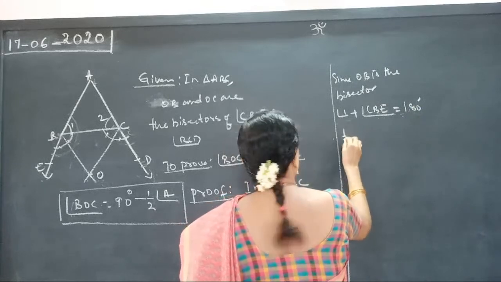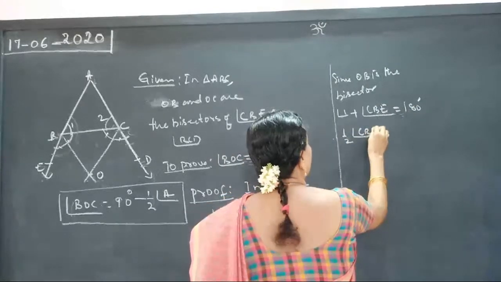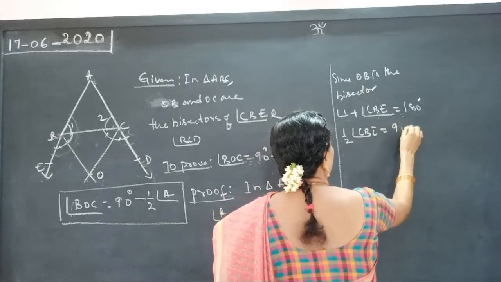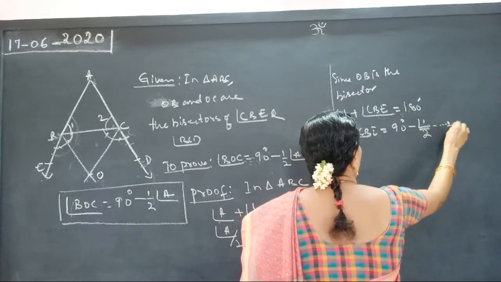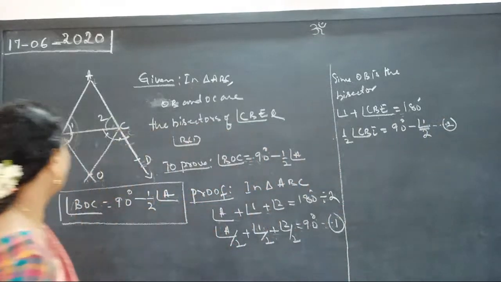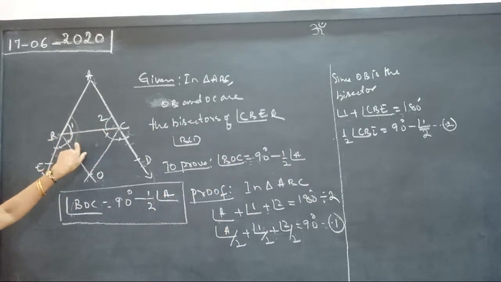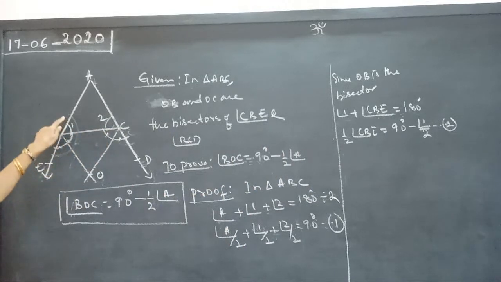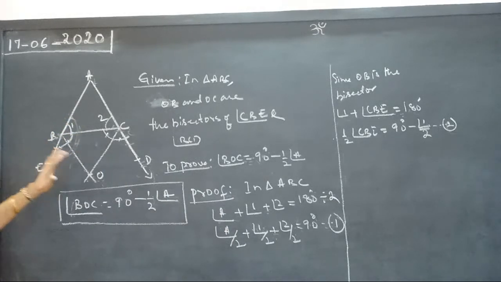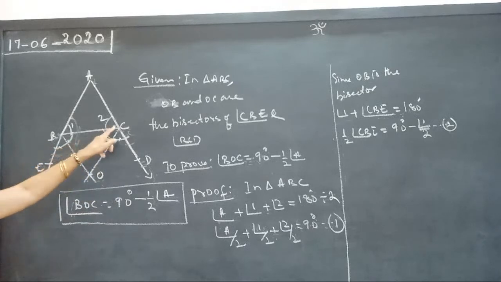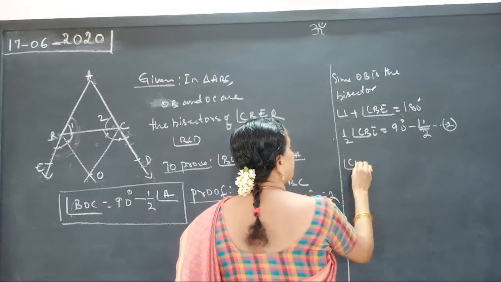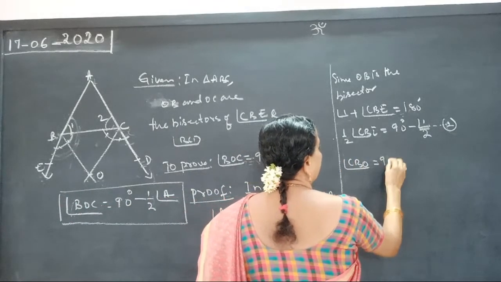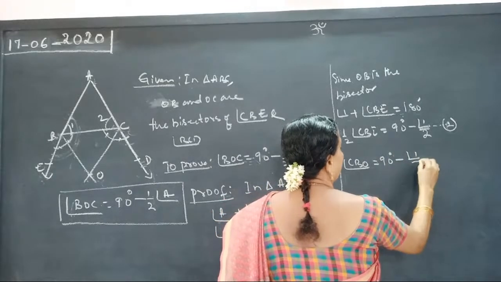Therefore, half of angle CBE equals 90 degree minus half of angle 1. Half of angle CBE is this angle. It's clear? The sum of angle 1 and this angle together is 180 degree. When I divide, we get half of angle CBE, we can write it as angle CBO equals 90 degree minus angle 1 by 2.